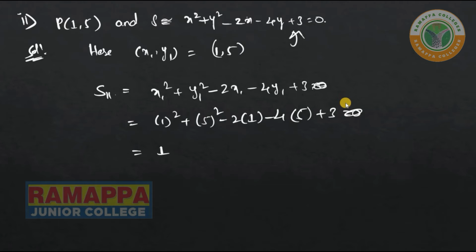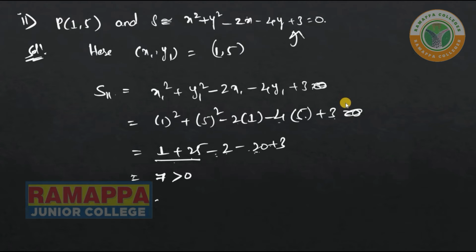So 1 square is 1, plus 25, minus 2 times 1 is 2, minus 4 times 5 is 20, and plus 3. So it will become 26, and this becomes 22. 26 minus 22 is 4, and plus 3 is 7. 7 is greater than 0, no?